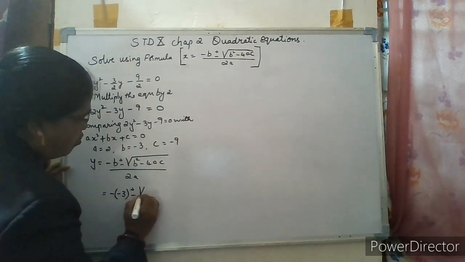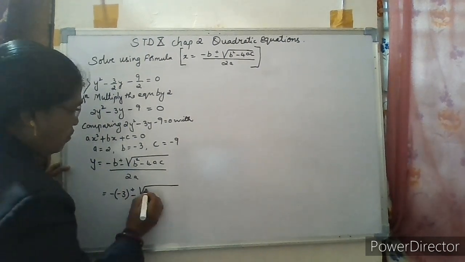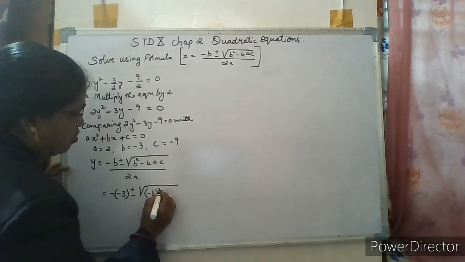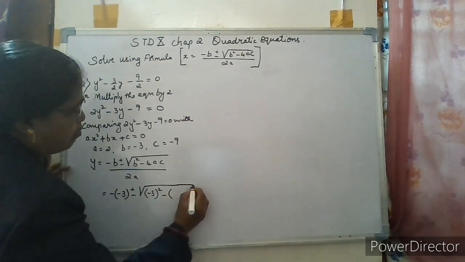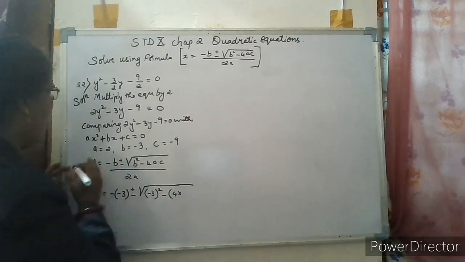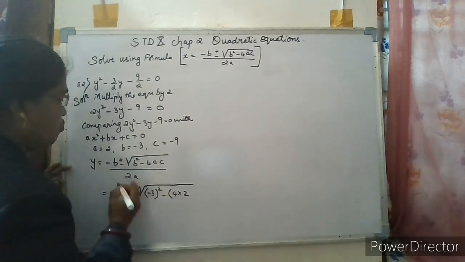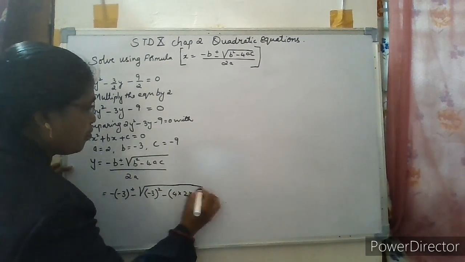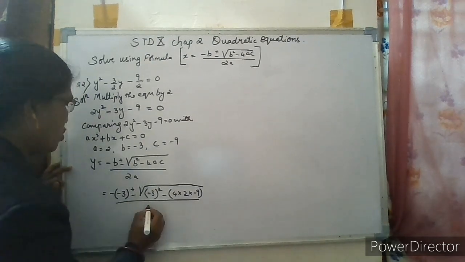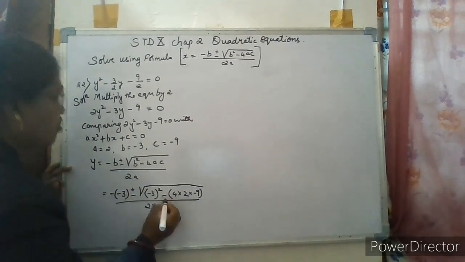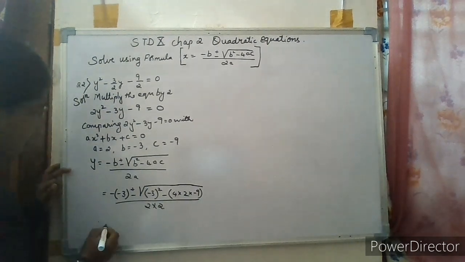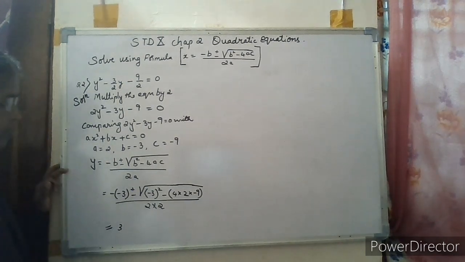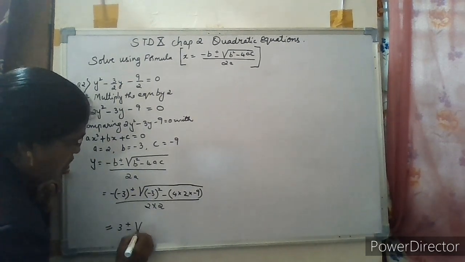Plus or minus root of, and again you put the bracket for b value. Substitute the value of b as minus 3 the whole square. Minus again in the bracket, 4 into a value is 2 into c value is minus 9, upon 2 into a value is 2. So this is equal to minus into minus, here it becomes plus. Plus or minus under root.